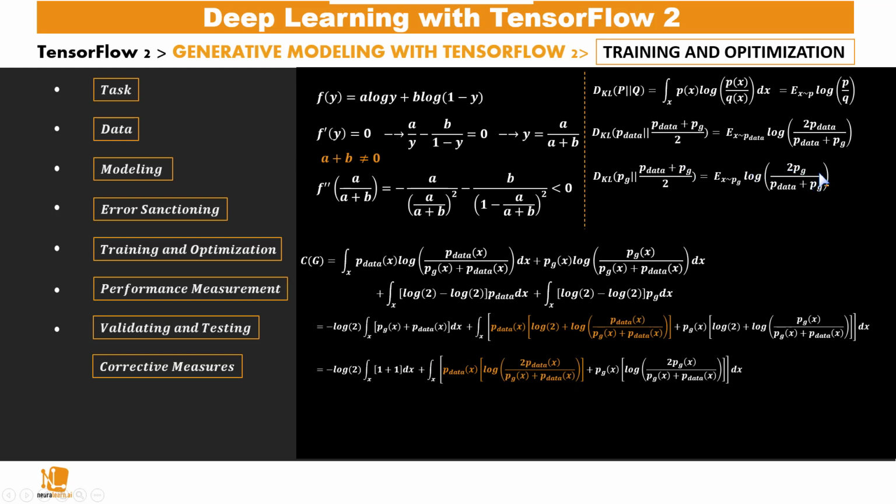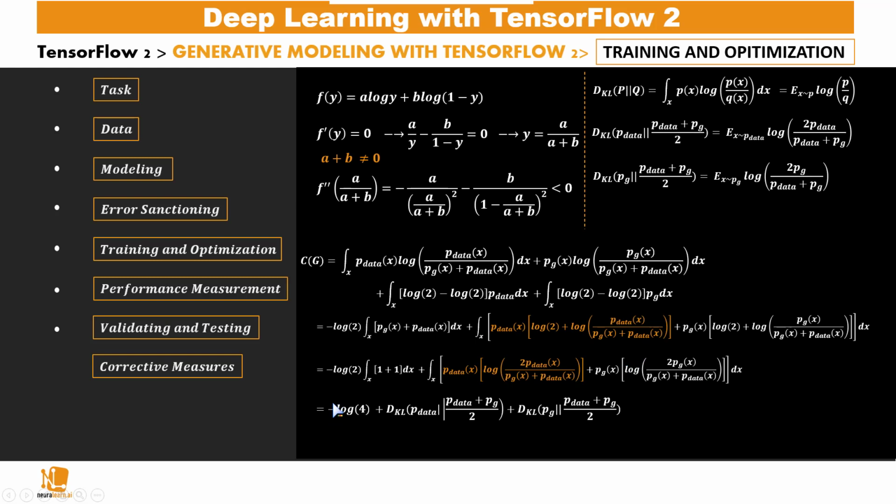So once we see this, you notice something right here. This is the expectation of log of 2 p data divided by p data plus pg, which is basically this, where x is taken from p data. So if x is taken from p data, we could rewrite it like this integral right here, plus this other part, which is basically this.